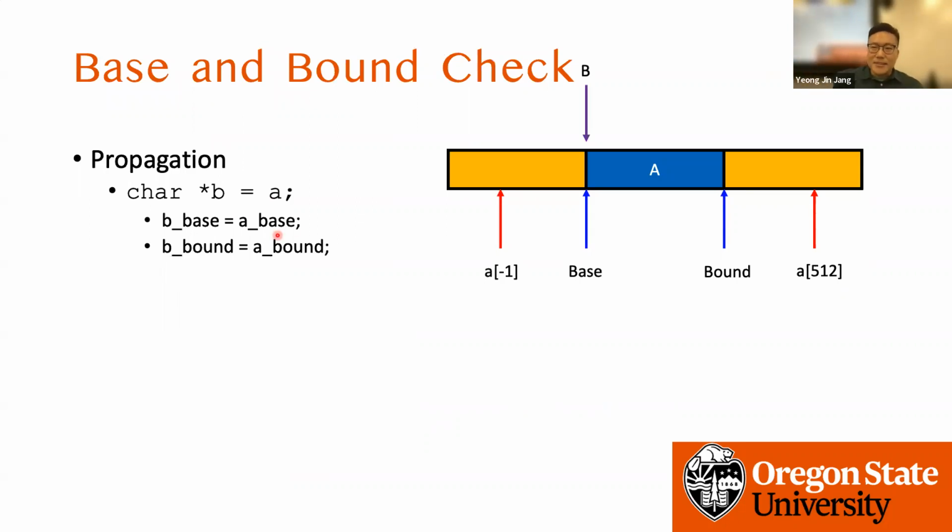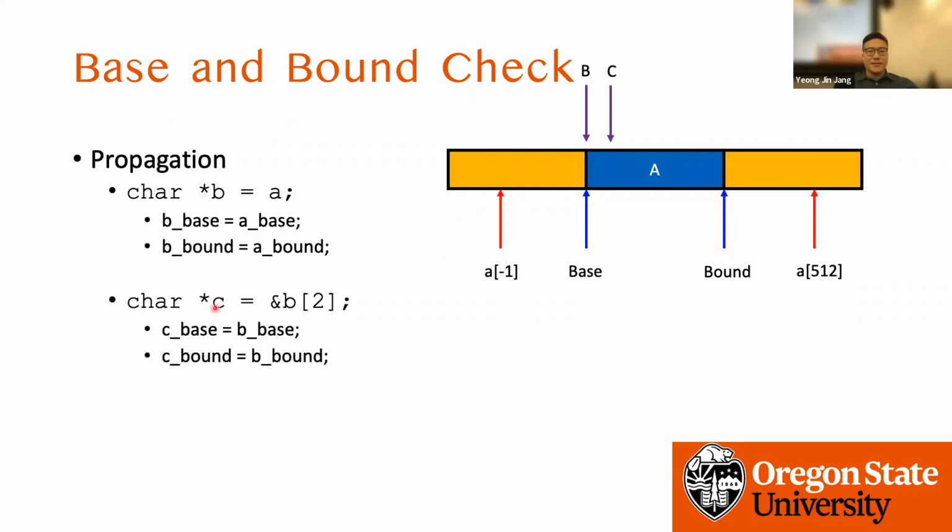Suppose we set B to point to the start of the memory address pointed by A, the same as the base. I want to give another example. Suppose we would like to set the character pointer C as 2 bytes shifted from the start, like B plus 2.